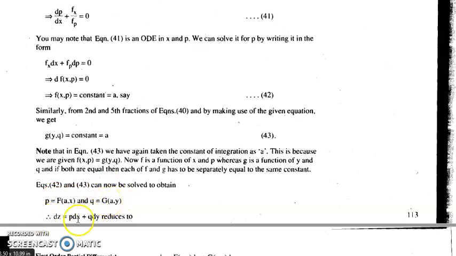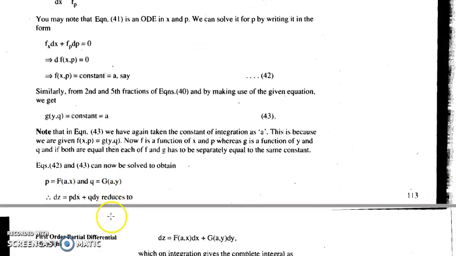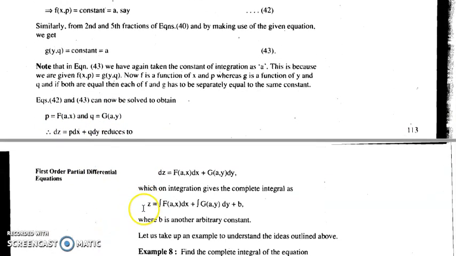Therefore you will get dz equal to p dx plus q dy. So that will give the solution of the Charpit equation, the solution of the nonlinear equation. So the solution will be z equal to integral of f of a, x dx plus integral of g of a, y dy plus b.